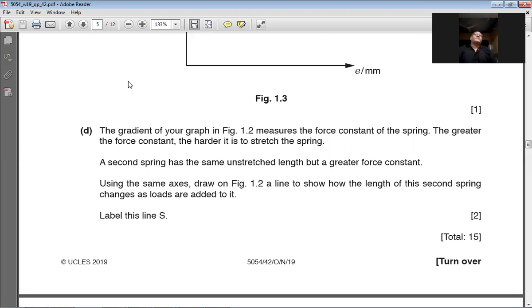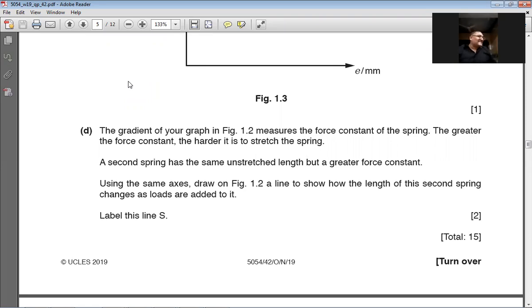Because the force constant is greater for spring number 2, for the same loads it will produce less extension. So whatever length is achieved in spring number 1, spring number 2 will get less length.